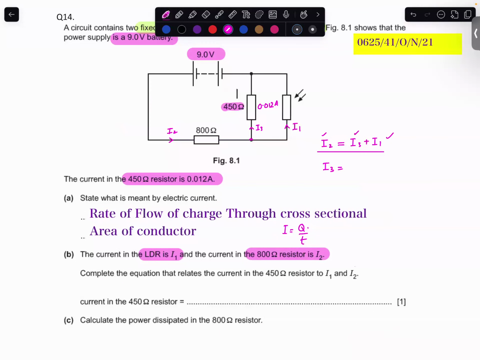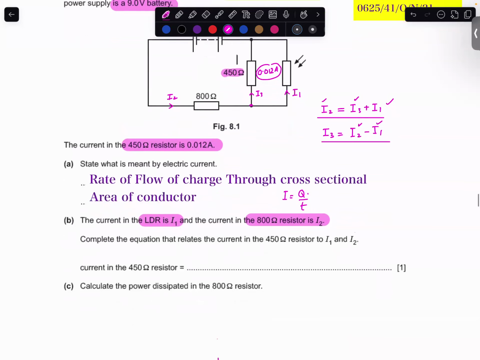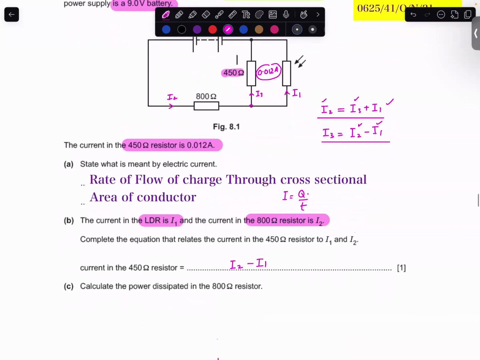So if I make this the subject, then the answer will be I2 minus I1. This is the relation of 0.012 with this and this. So according to the statement of the question, the answer will be I2 minus I1.